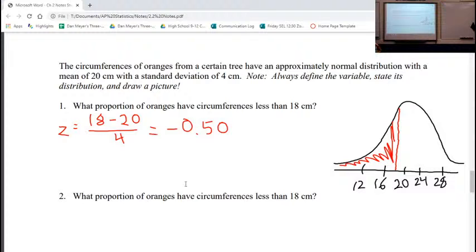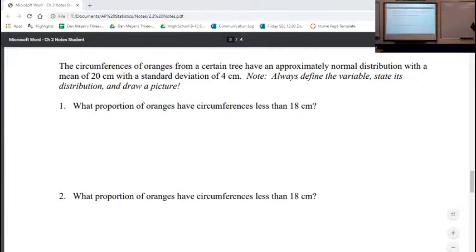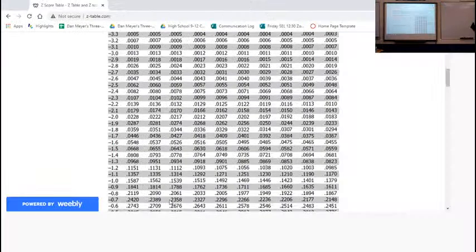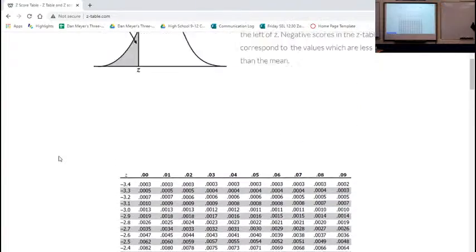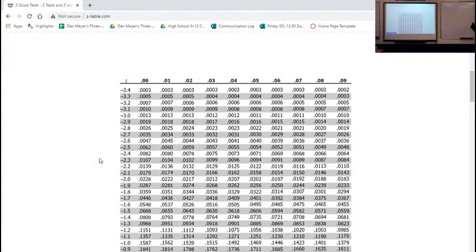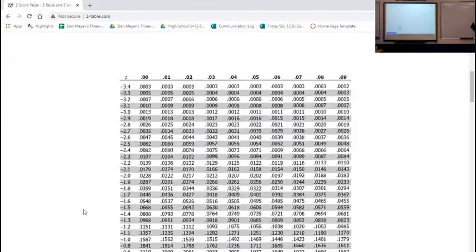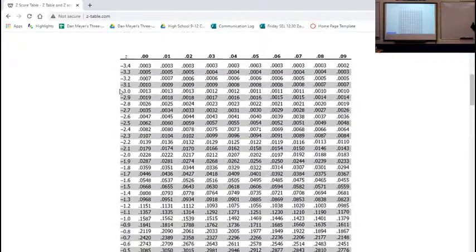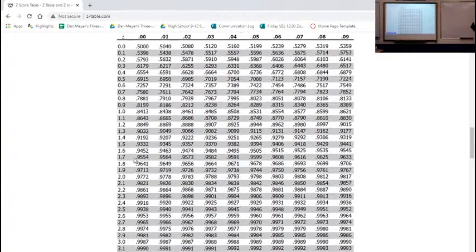All right. So here's how this table works. I'm going to pull up a virtual one here so that you can see. So here I have a table of z-scores. And what this will do is that you can start by finding your nearest tenth, and then on the right-hand column, you will have the nearest hundredth. If I want negative 0.5, one of the pages is the negative values for z-scores, and one of the pages is the positive values.